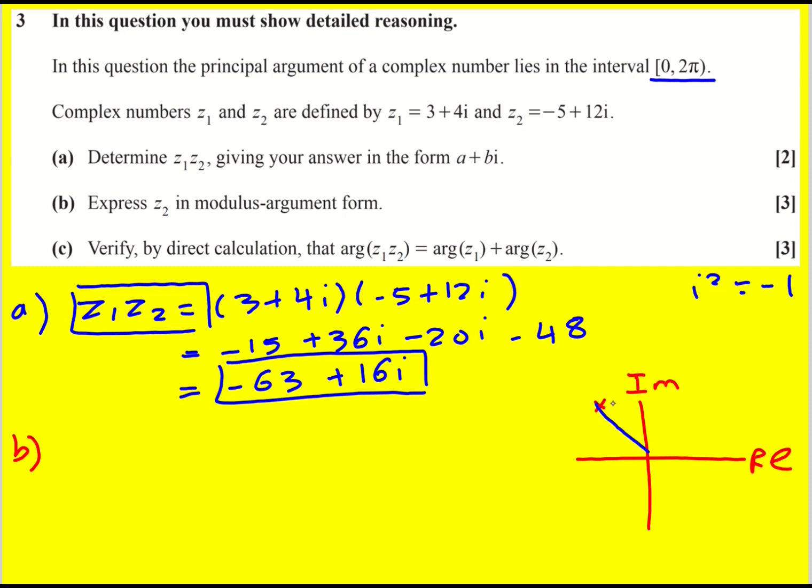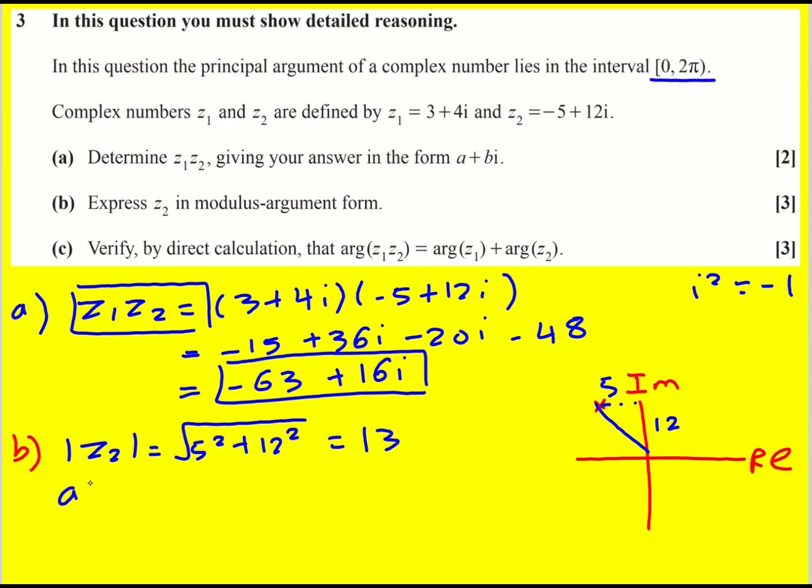And this distance here is 5, well, it's minus 5, but the length is 5, and this is 12. So we use Pythagoras' theorem to get the magnitude, or the modulus. The magnitude of Z2 will be 5 squared plus 12 squared, square rooted. You might know this is a Pythagorean triple. It gives you 13. If not, just put it in your calculator.